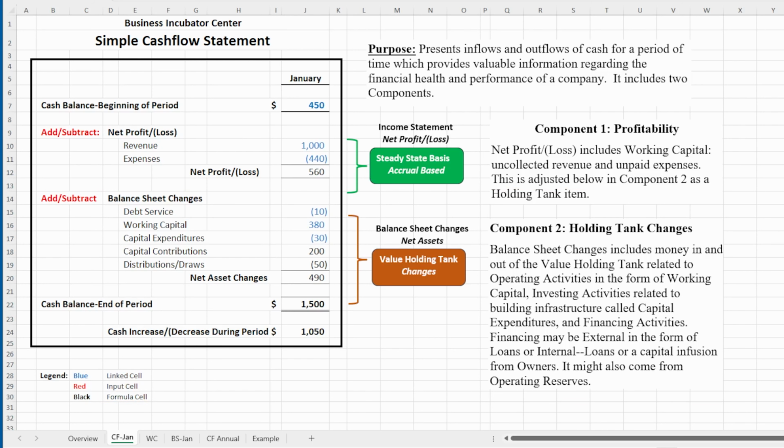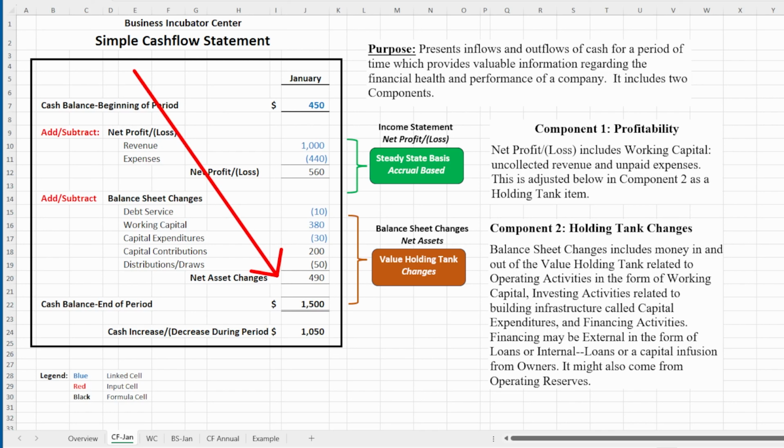Let's walk through how the numbers flow in this statement. Cash at the beginning of a period in the bucket is $450. Cash increased in this bucket as a result of net profit of $560. Cash went up again as a result of balance sheet changes of $490.